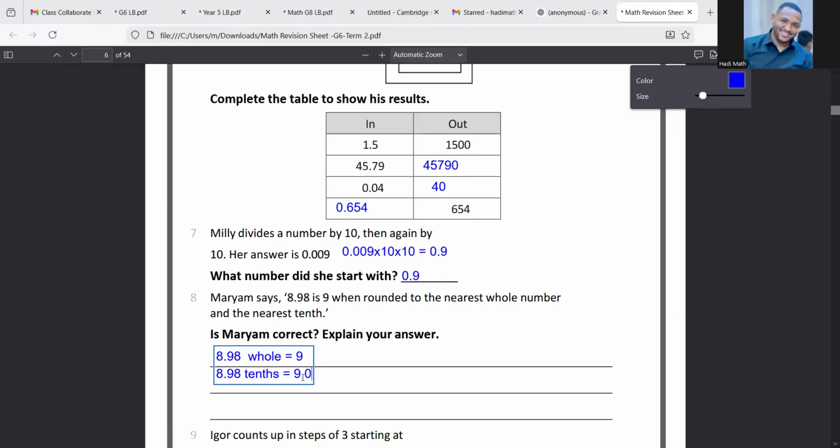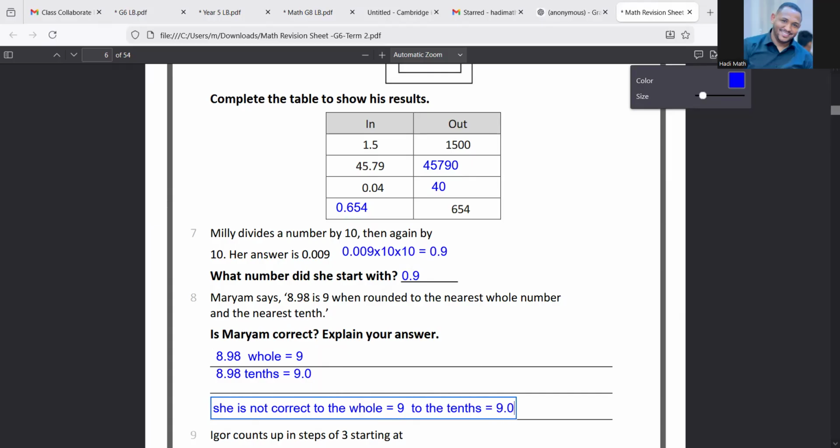This 0.0, I know 9 and 9.0 are the same value, but in rounding it is very important. I say she is not correct. I'll say, to the nearest whole equals 9, and to the nearest tenth equals 9.0.